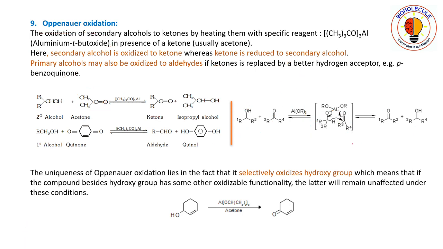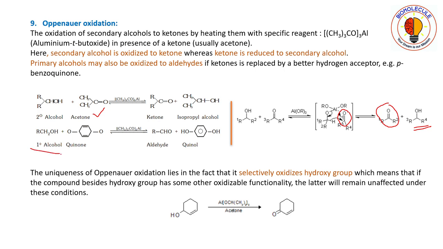This secondary alcohol takes up the oxygen-aluminium bond to form the ketone, and it eliminates one hydride, and the eliminated hydride will attack the ketone, here acetone, thus reducing the acetone to isopropyl alcohol.